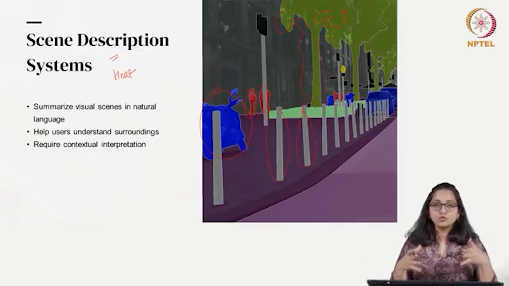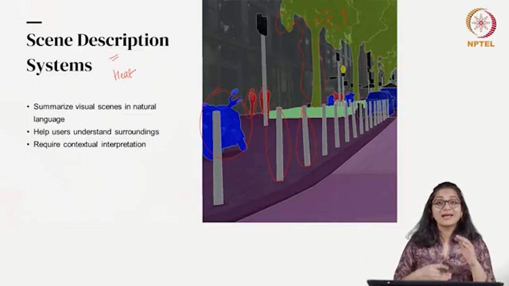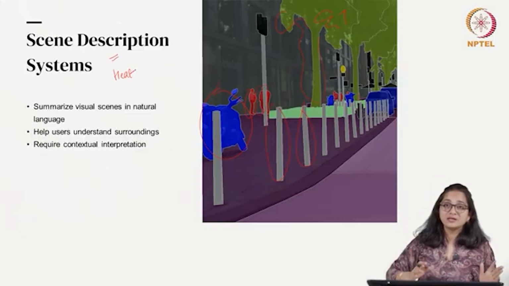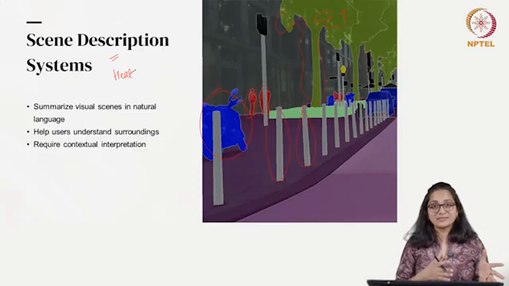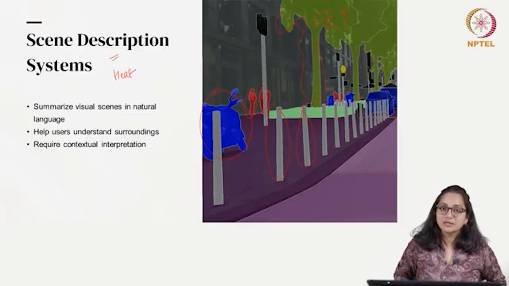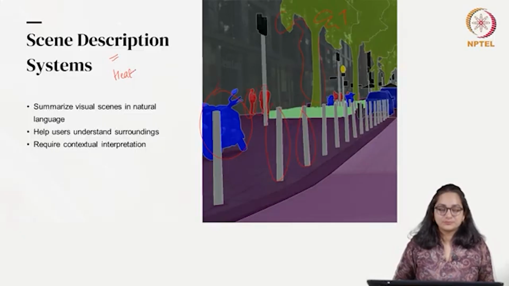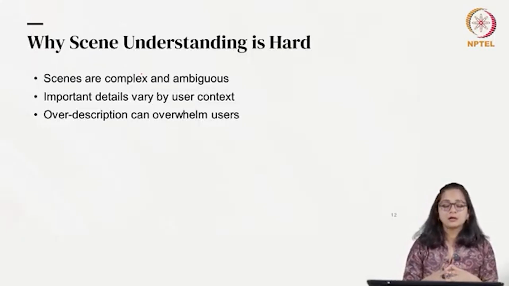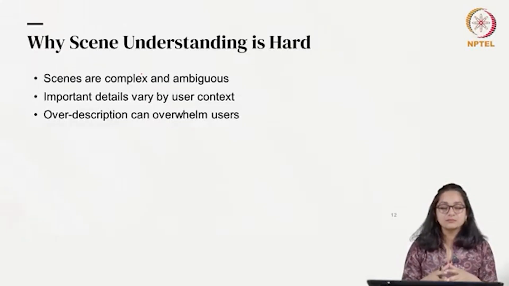So those information points can help you add a little bit more context and not identify living things as poles, for example, right? So that can also give you a little bit more depth of information. But these models are very difficult to build, primarily because scenes are very complex, they can be very ambiguous.